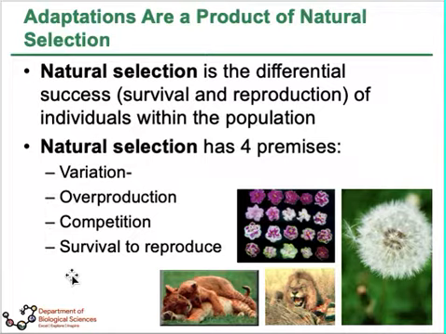So next premise is overreproduction. So natural populations reproduce geometrically. So organisms tend to produce offspring more than it survives.